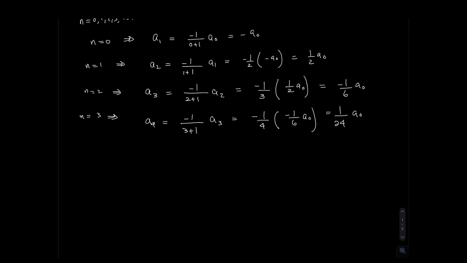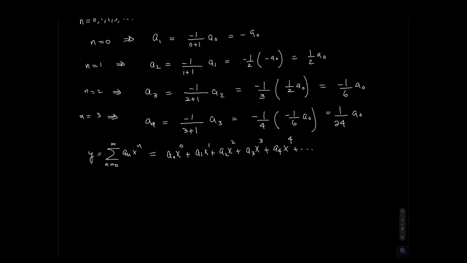So now we have the constants, and let's see if we could write the solution to the differential equation. My solution is the summation of an x to the n, as n goes from 0 to infinity. Which means my solution, if you write it in an expanded form, you'll write it as a0 x to the 0 plus a1 x to the 1 plus a2 x squared plus a3 x to the third plus a4 x to the fourth, and so on.